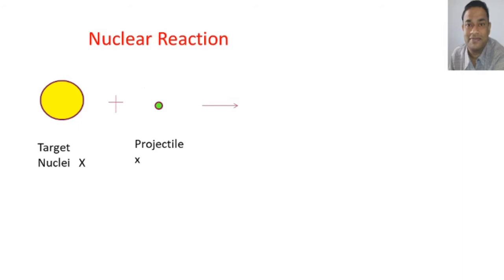Now a target nuclei is a nuclei of larger mass, and a projectile is a small particle whose mass is very small but whose energy is very large.